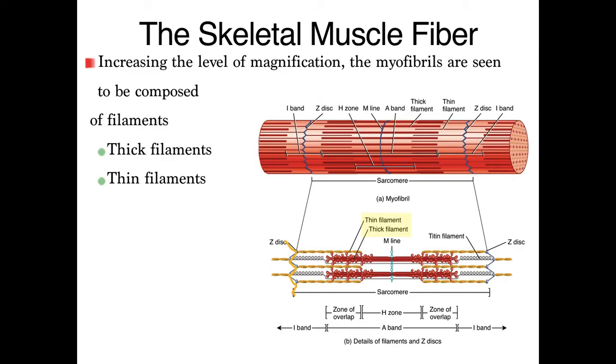This whole structure, where you have a Z-disc, thin filaments, thick filament, thin filament, and another Z-disc, that is called a sarcomere.